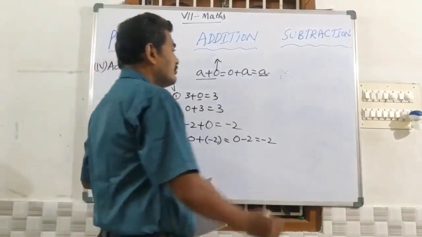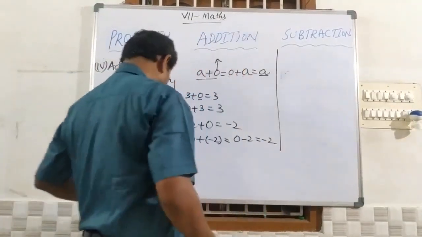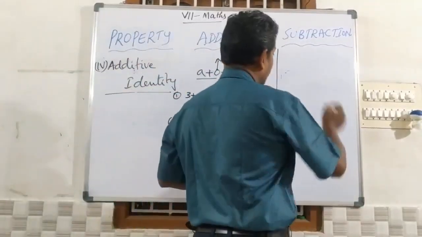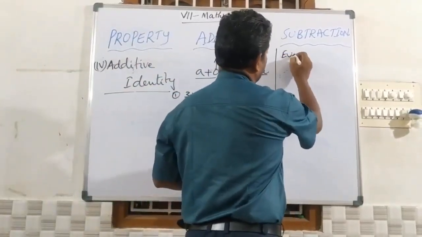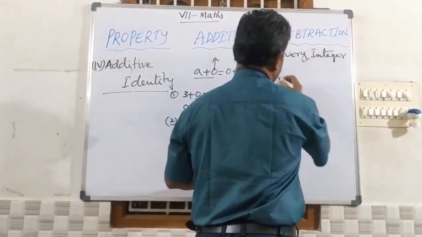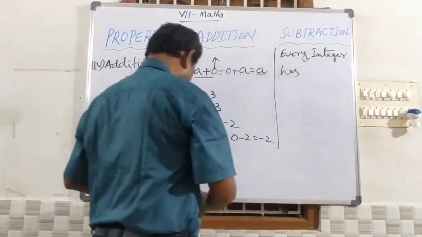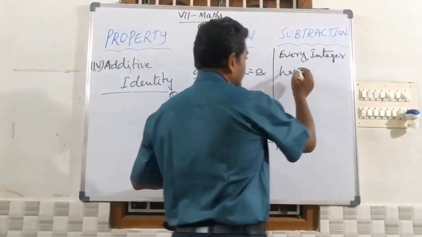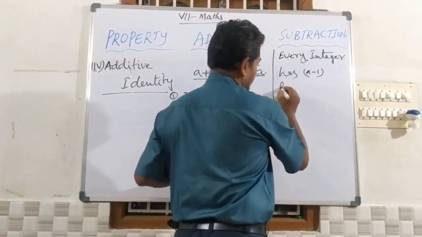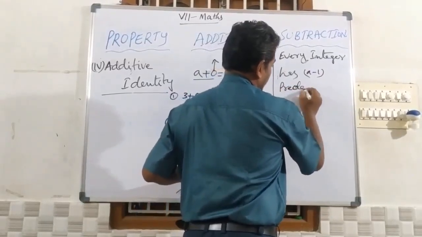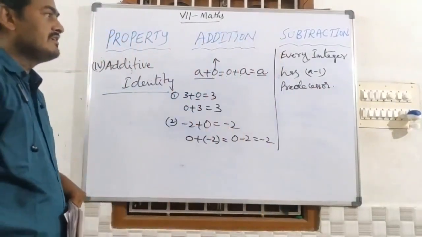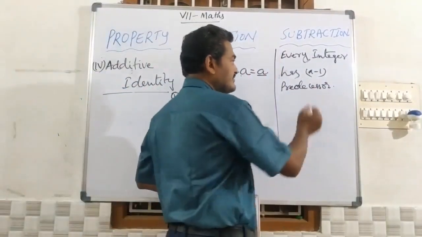Next, we can find in subtraction that every integer has a predecessor, A minus 1. Predecessor means the number before. Every integer has a predecessor, that means A minus 1.